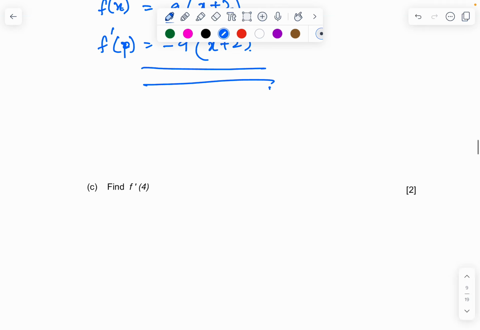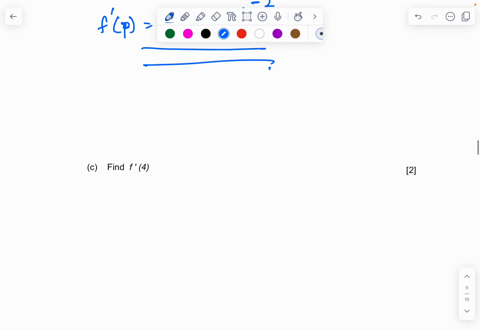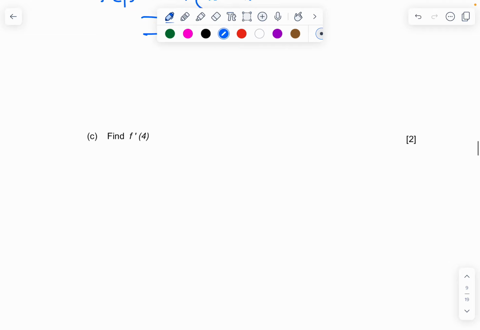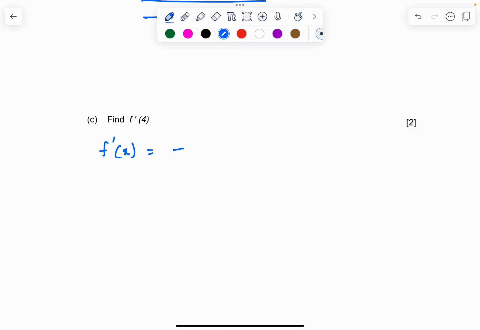Then find f prime of 4. We already know f prime x is negative 9 times x plus 2 to the power of negative 2. So f prime 4 is going to be negative 9 times 4 plus 2 to the power of negative 2.